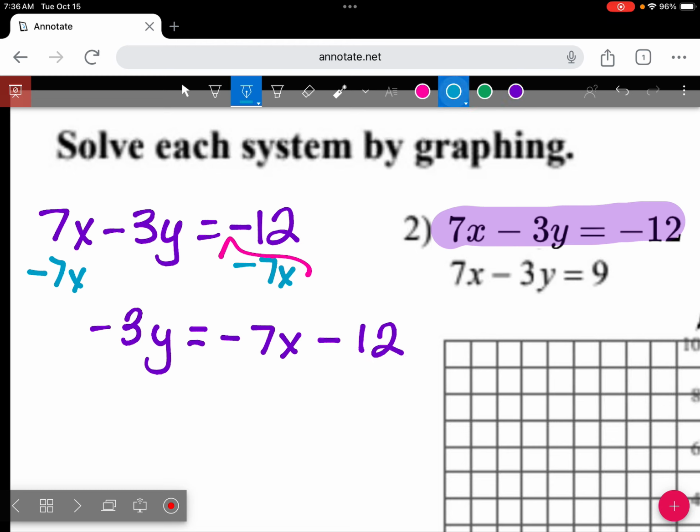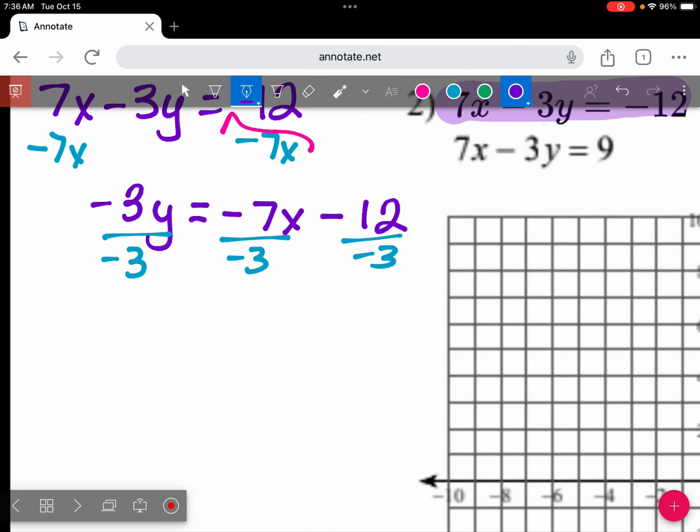Then what? Divide by that negative 3 to absolutely everybody. So those negative 3s cancel out, and we're left with our y equals. What does negative 7x divided by negative 3 simplify down to? Just 7/3. The numbers don't simplify, but the negatives cancel out. So I got my 7/3. How about negative 12 divided by negative 3?